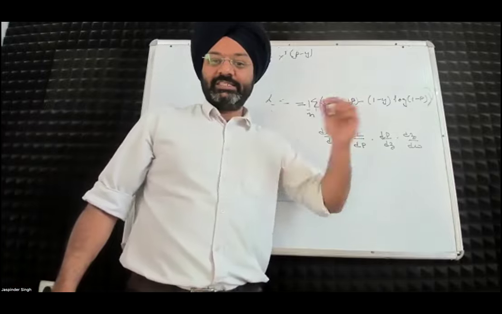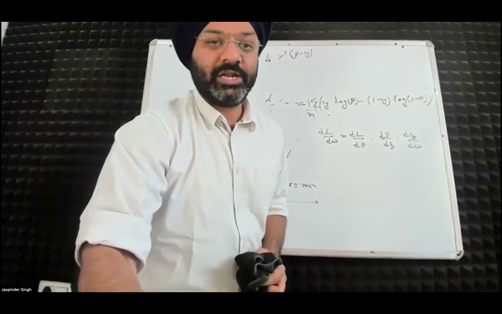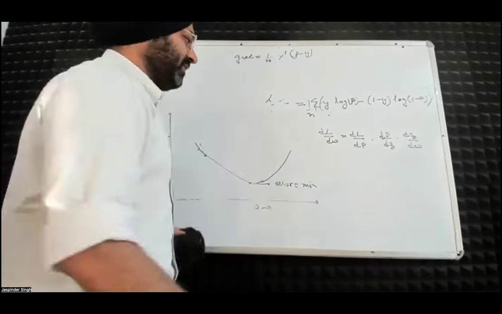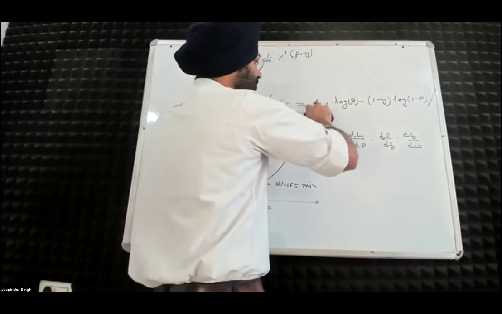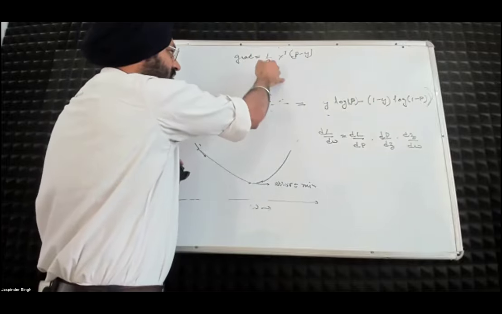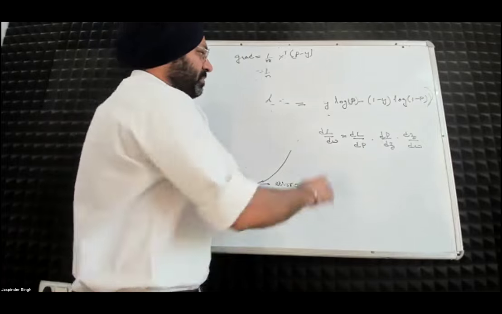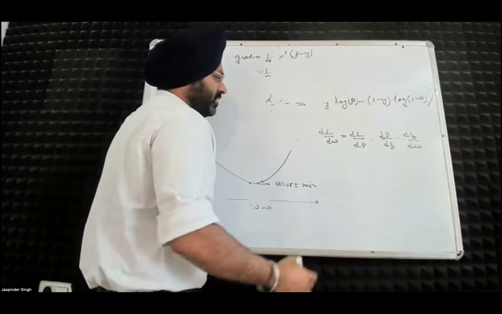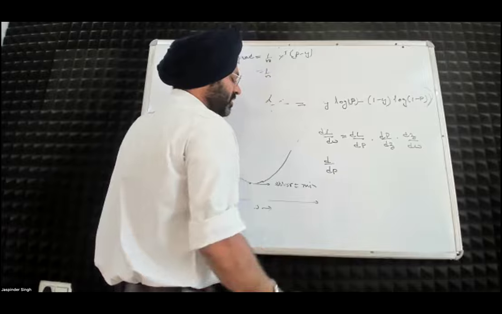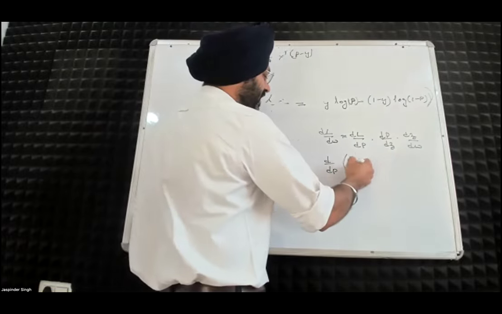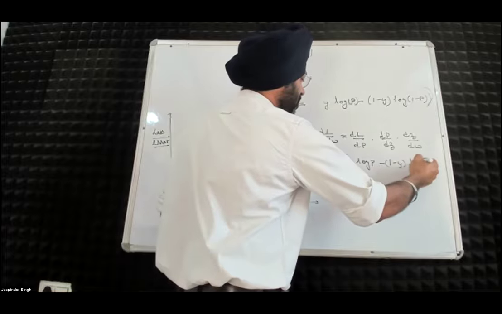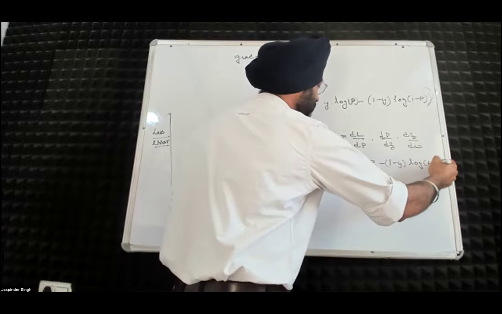Now we have to calculate this dl by dp, the differentiation of the loss function with respect to p. This is the loss function, n is the constant, I am taking 1 by n initially over here. I need to find the differentiation with respect to p of y log p and 1 minus y log of 1 minus p.